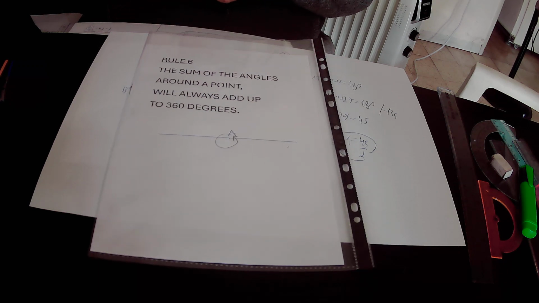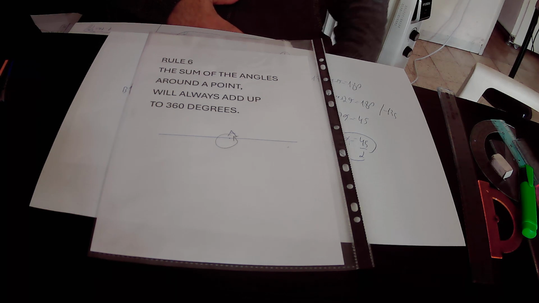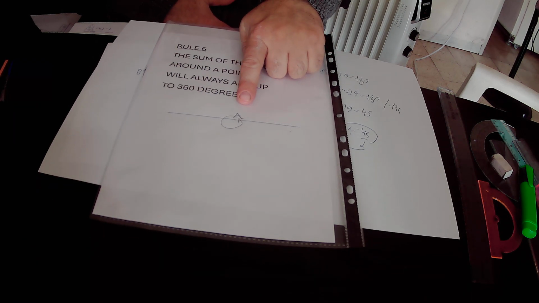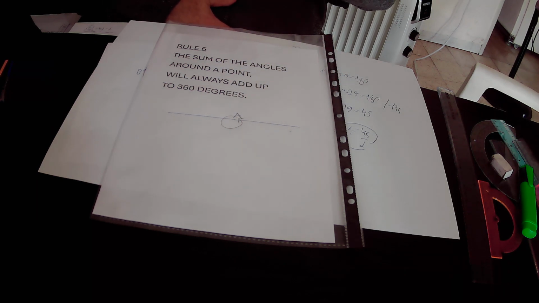According to rule number 6, the sum of the angles around a point will always add up to 360 degrees. Here we have point A. According to this rule number 6, the sum of the angles around point A must be equal to 360 degrees. Why?